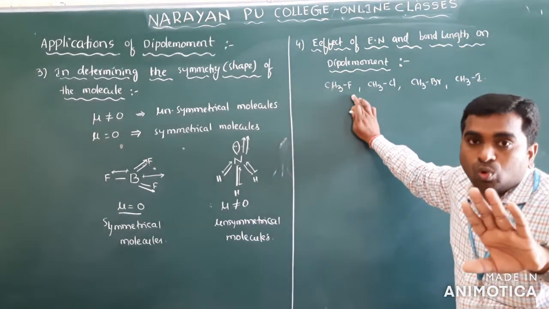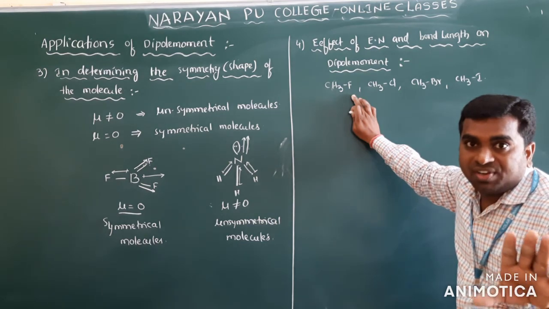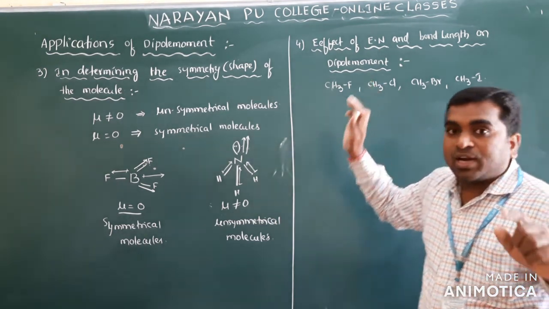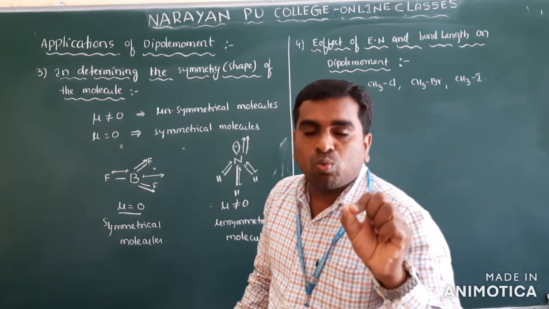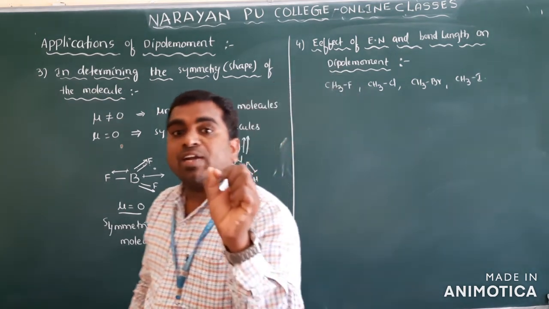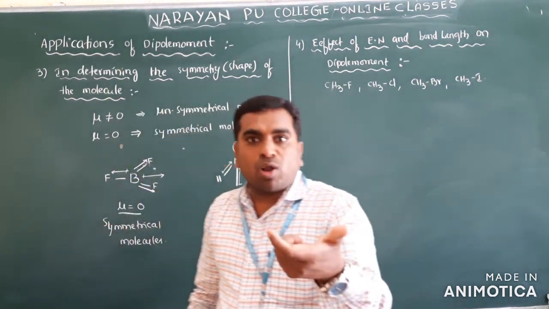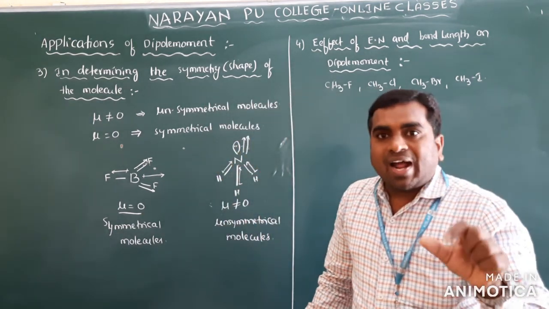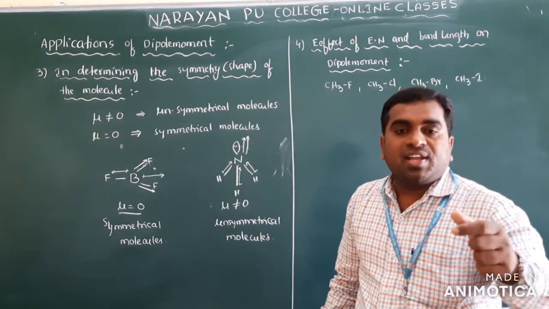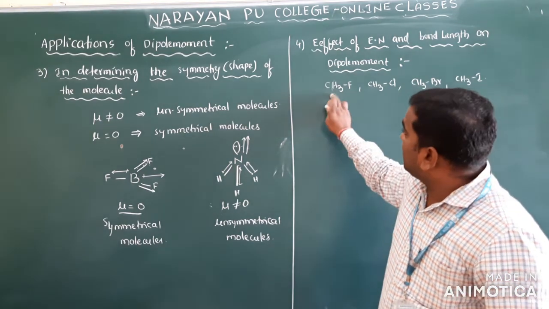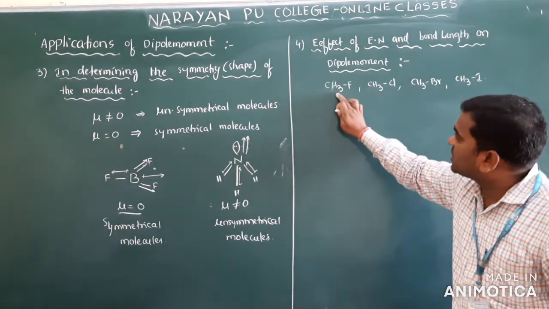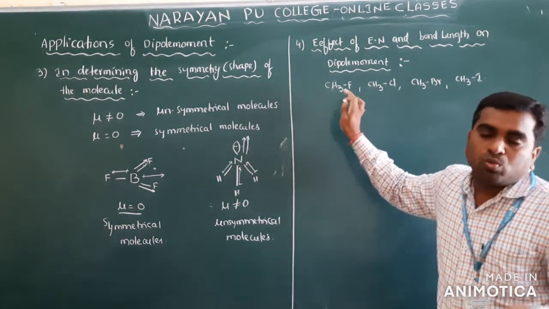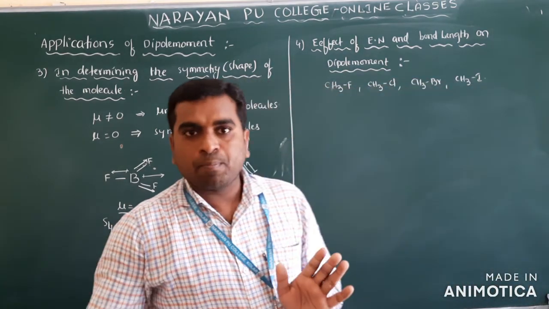But you don't consider electronegativity here. Why? You should look at the electronegativity difference only for diatomic molecules, where we can say that the greater the difference in electronegativity, the greater the dipole moment. But this is not a diatomic molecule, so we should not consider that concept here. Clear?